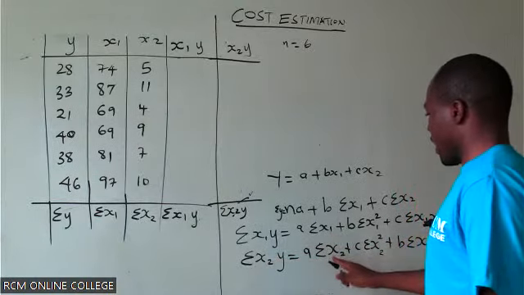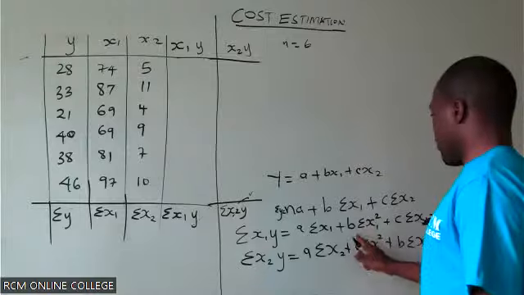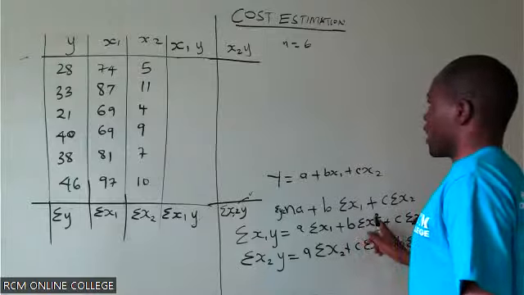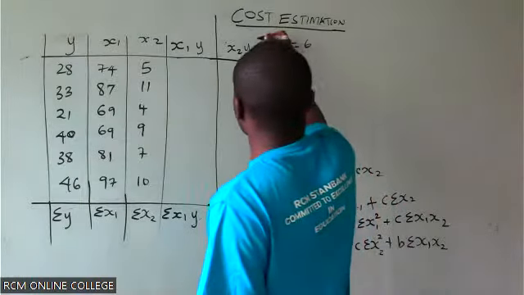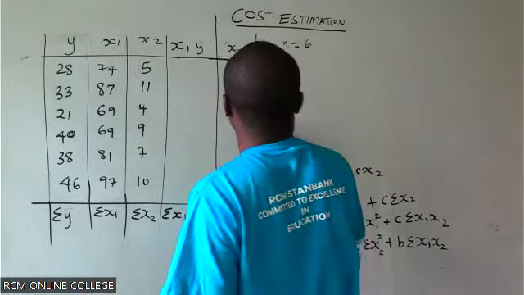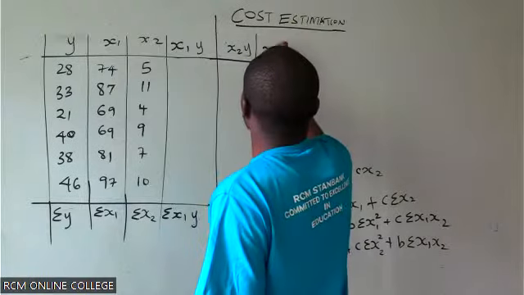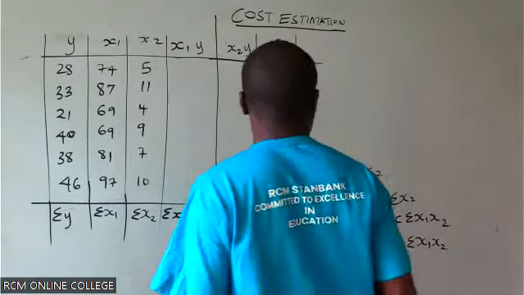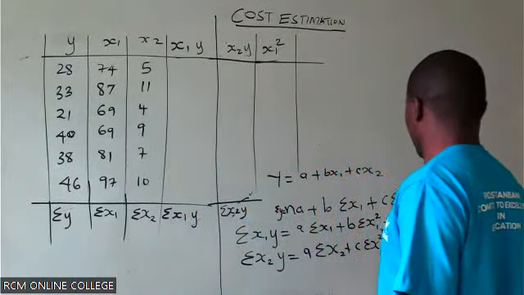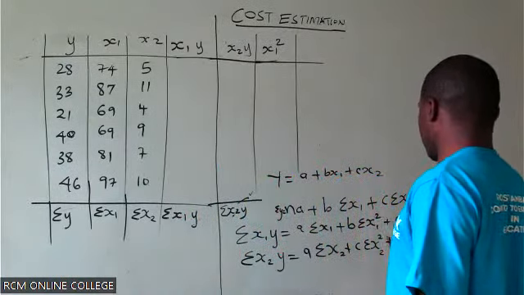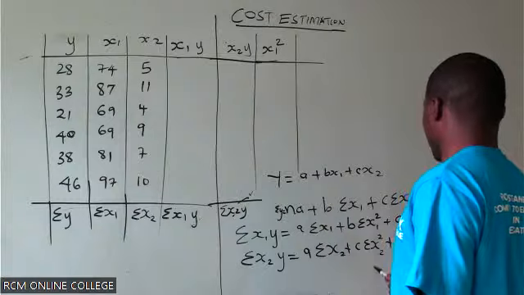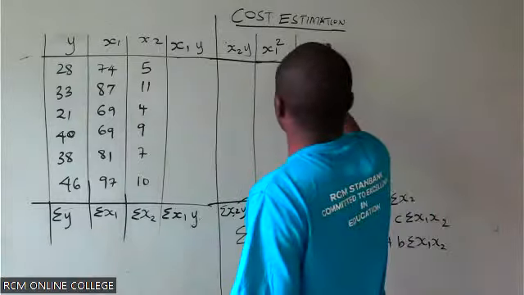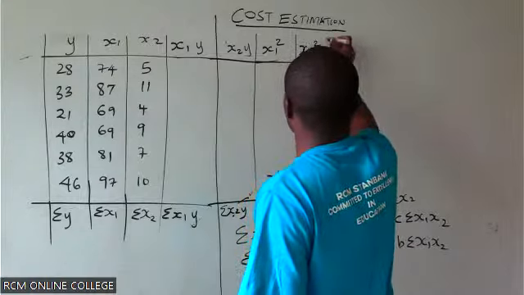When I come here, I need a column for B, summation of X1 squared. So I need a column for X1 squared. And I also need a column for X2 squared.